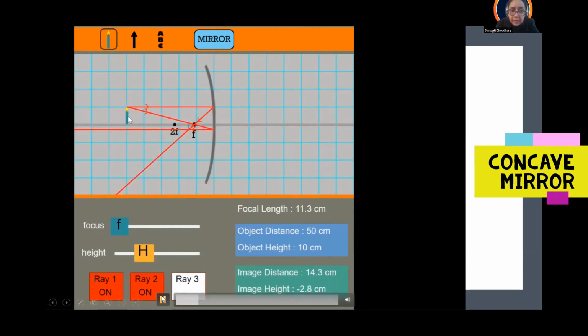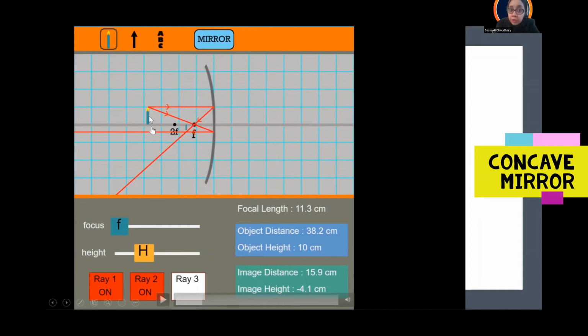Now just look at the position of the image. You can see the image is between the center of curvature and the focus. Understand the characteristics of the image: it is diminished, it is inverted, and it is real.